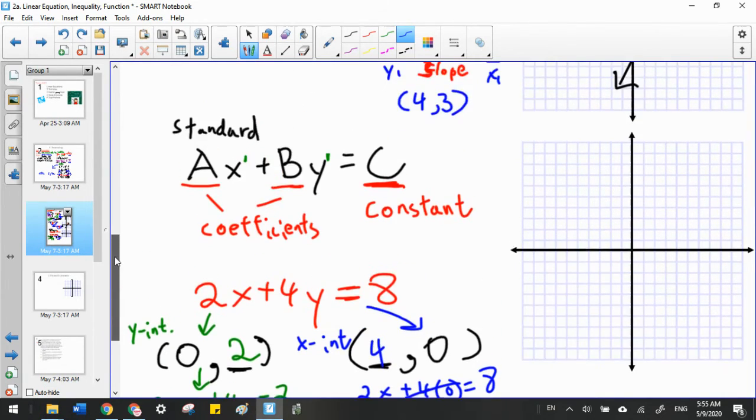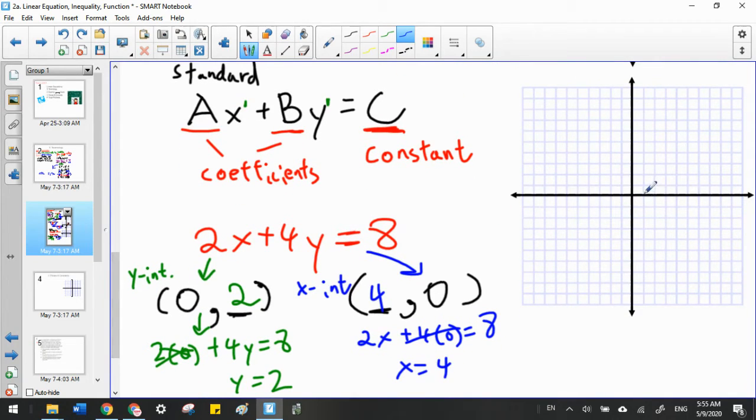And now that I have 2 points, I can graph both of them. And now you have the knowledge that you can graph these 2 points relatively quickly.